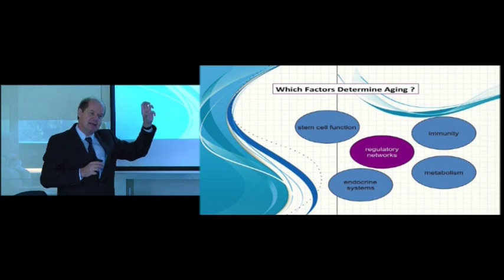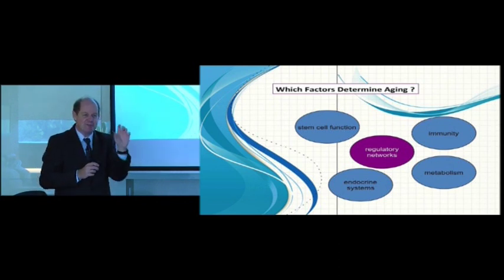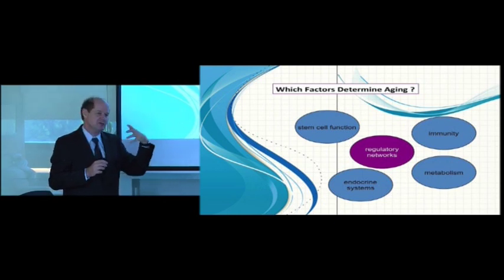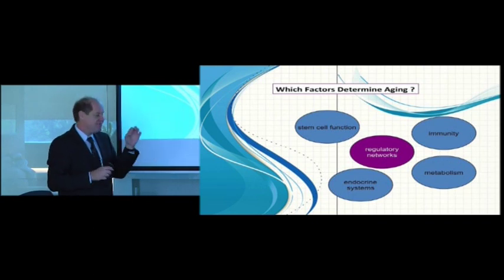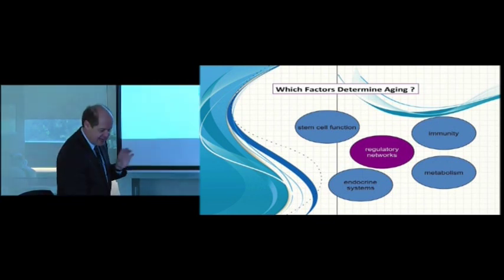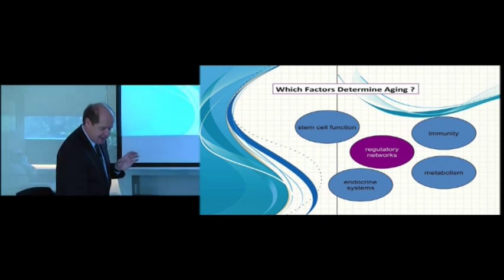You may inject stem cells of whatever source, mesenchymal, hematopoietic, pluripotent stem cells. If you inject them into an acid environment, they won't work. So you have to regulate the environment before you treat with any cellular product.